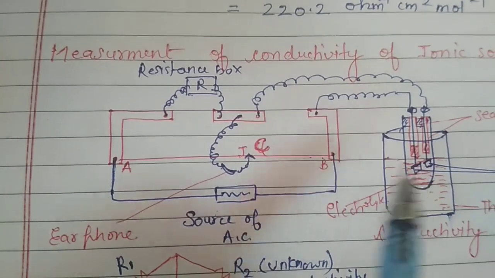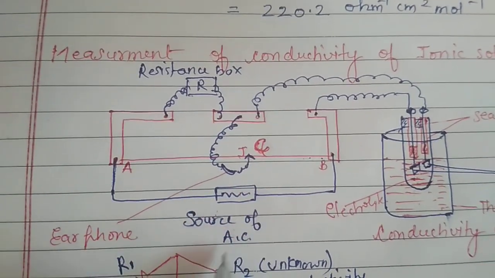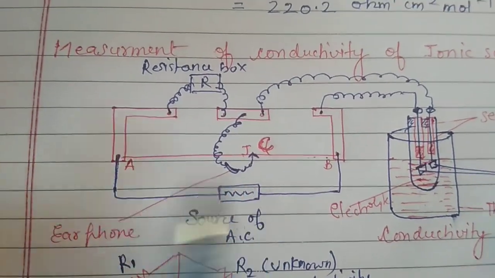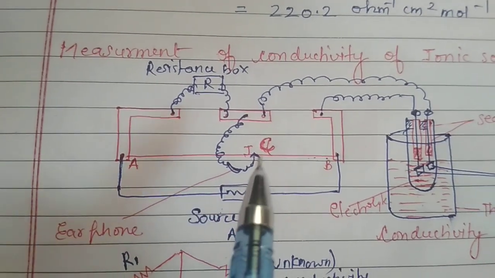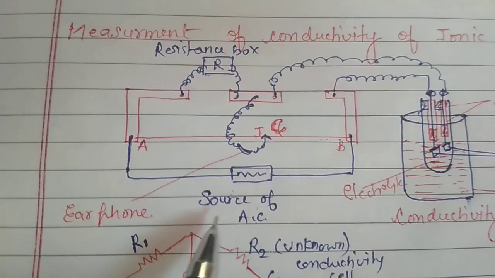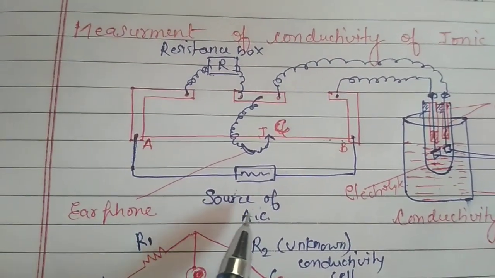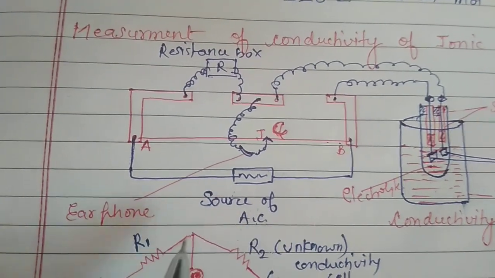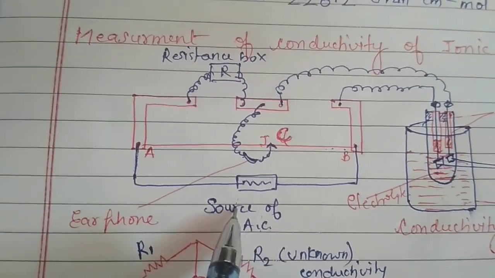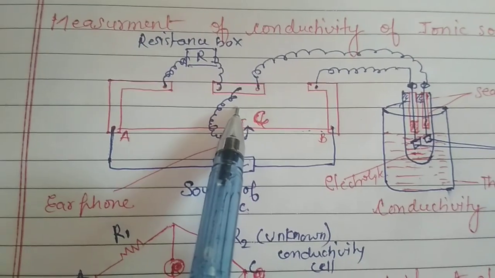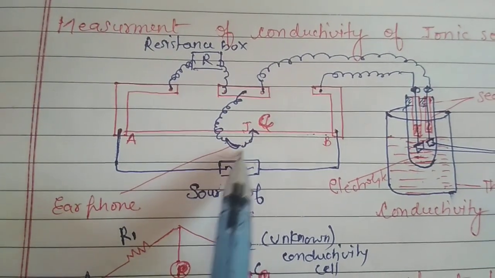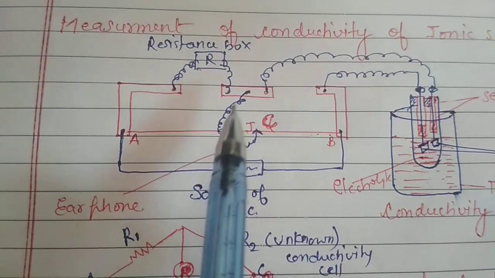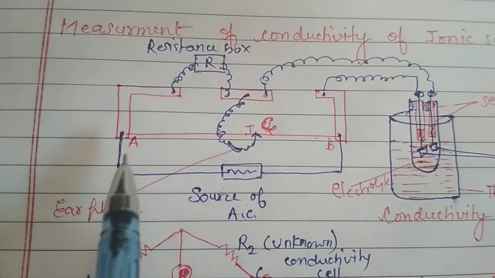So that has been removed by taking a source of AC in place of DC. So direct current is not being used here. Now if we are taking the AC current here, the problem was that in Wheatstone bridge apparatus we use the galvanometer to check the current or to check the null point.